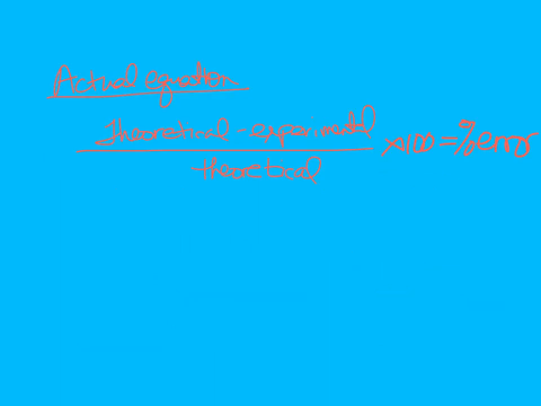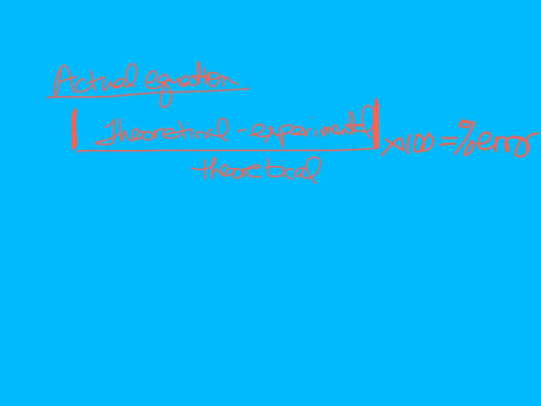So the actual equation: theoretical minus experimental, and most of the time we just take an absolute value. We don't really care if this is positive or negative. The positive or negative just tells you, were you above it or below it? So whatever number you get, don't worry about that. But you're going to divide by your theoretical.